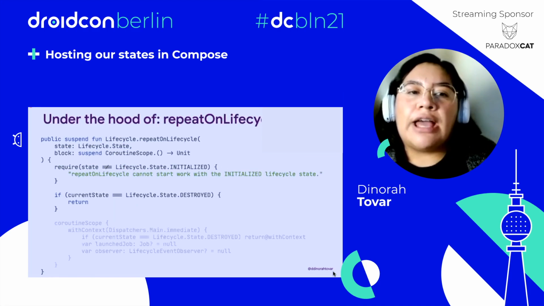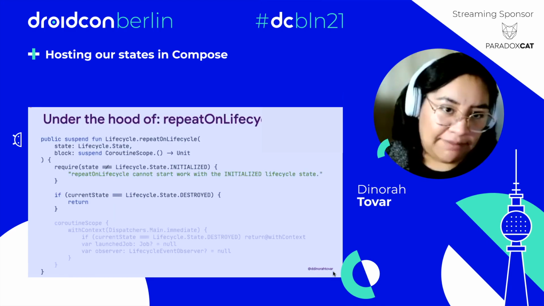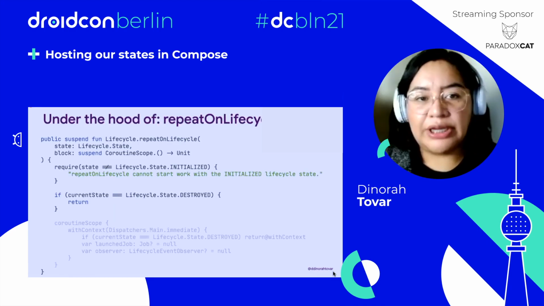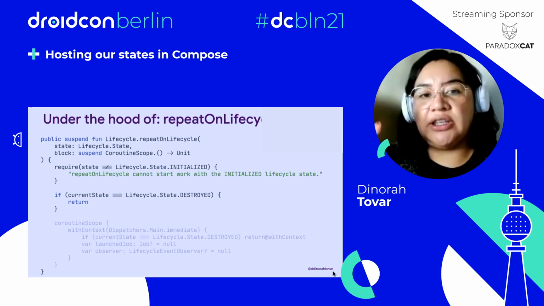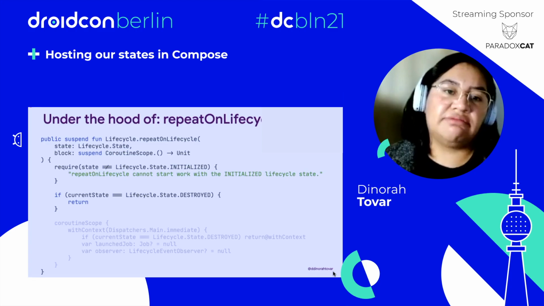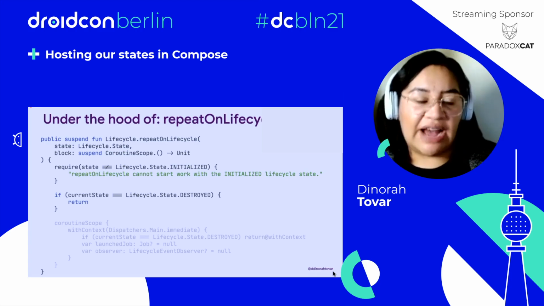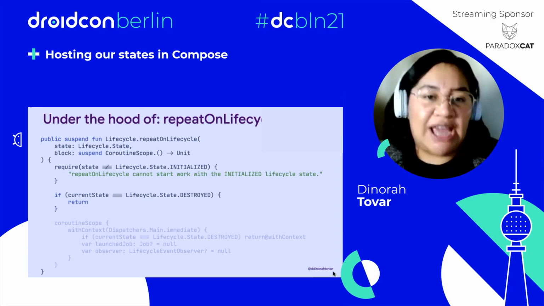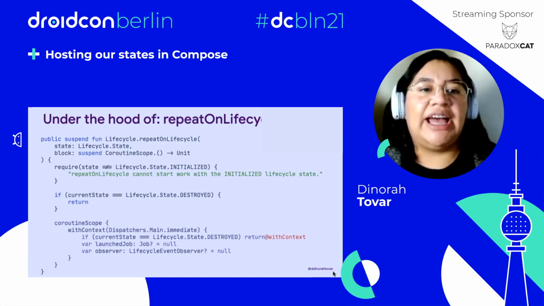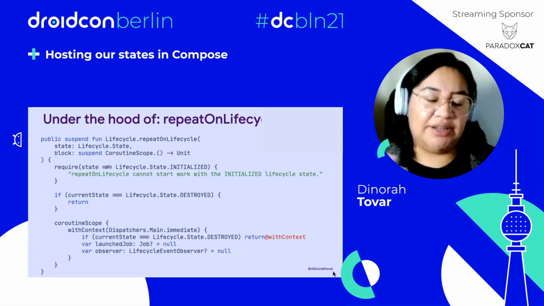What is going on inside of here, and it looks pretty much like LiveData, is that we are making sure that the state of the view is not INITIALIZED or DESTROYED. Why? Because INITIALIZED and DESTROYED are not the right place to start collecting a flow. It's just the beginning of your lifecycle. And this applies for a fragment, an activity, or whatever you want to have.